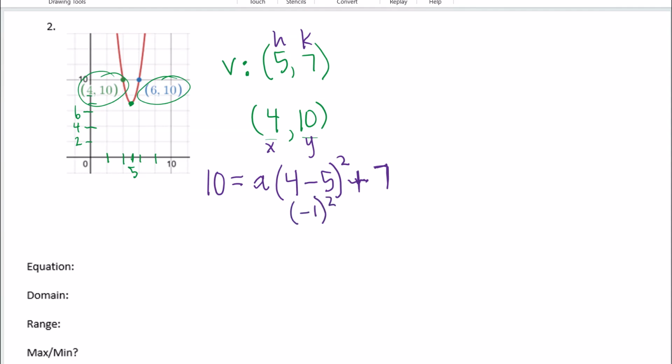So then when we simplify that, 4 minus 5 is going to be negative 1 squared. And negative 1 times a negative 1 will just be positive 1. So then we'll have 10 equals 1a, or just a, plus 7.